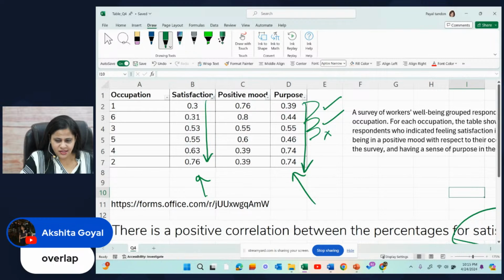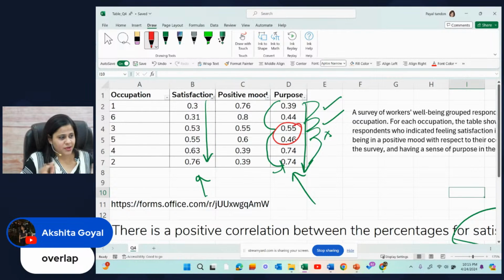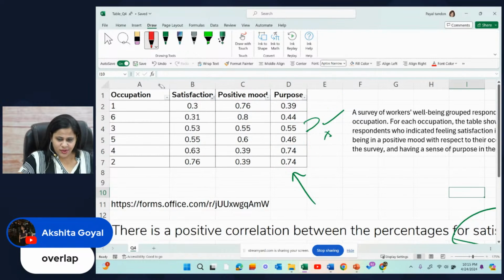Now here there is a decrease, but that's okay, because overall when you compare going from here, there is a definite increase in the purpose thing, which is why even if there is this slight dip over here, this dip doesn't really make any impact on the correlation aspect. Okay, so this statement is correct, right? So we are done with statement number 1.